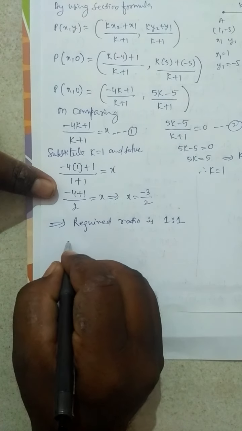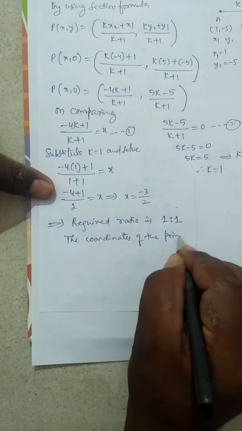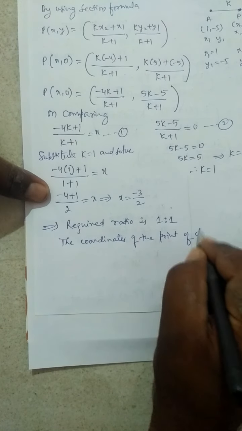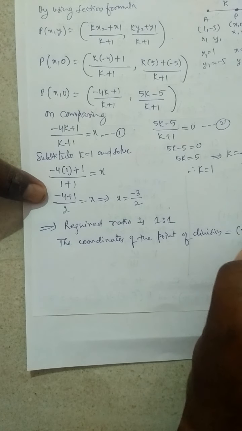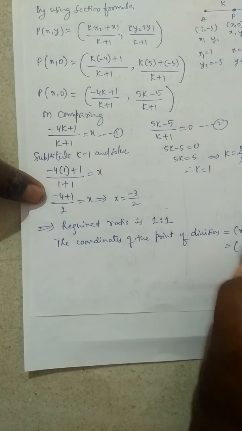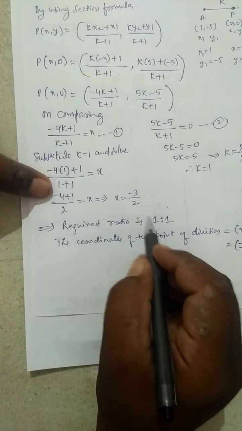Now the coordinates of the point of division is x comma 0. So x value is minus 3 by 2 comma 0. This is our required solution. So ratio is k is to 1.